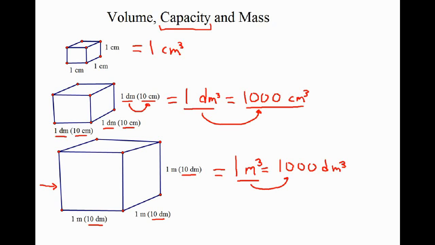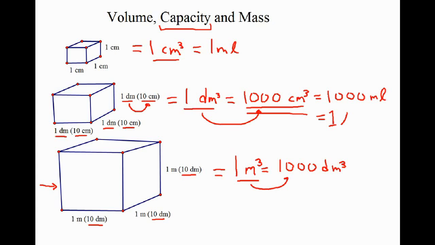Going back to our units of volume, there's actually a connection between units of volume and units of capacity. If we have 1 centimeter cubed of liquid, that's the same as 1 milliliter of liquid. So if I have 1,000 centimeters cubed, I have 1,000 milliliters. And 1,000 milliliters is 1 liter.